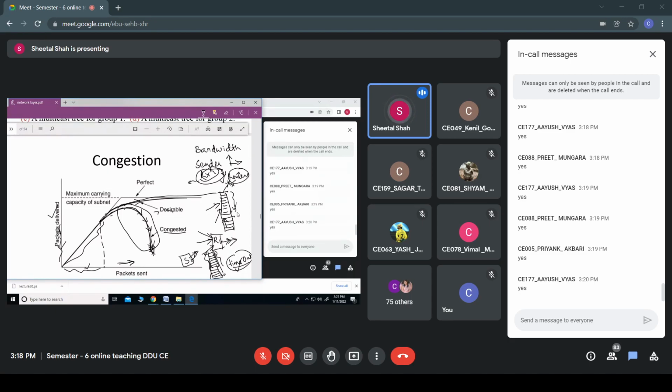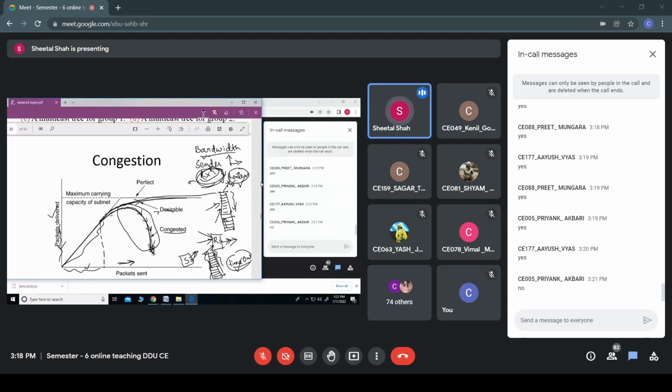The other reason is, we have discussed the bandwidth. Suppose the CPU speed can be increased, but if the bandwidth is kept low, is it possible? If the bandwidth is less and the CPU speed is more, can the congestion be reduced?